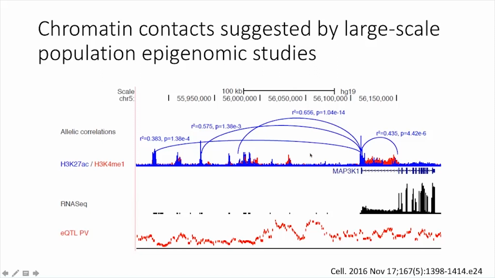And in this particular study, we did not do chromatin conformation, but we did think that this strong allelic coordination across several elements in the cis-regulatory space would probably represent some sort of physical interactions in many cases.